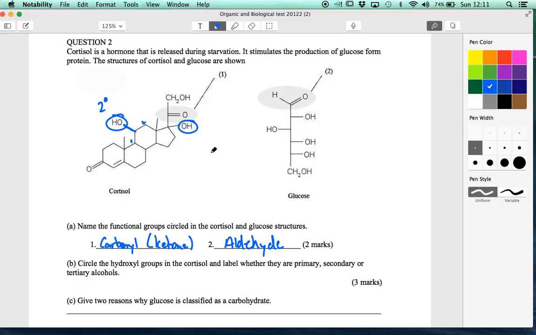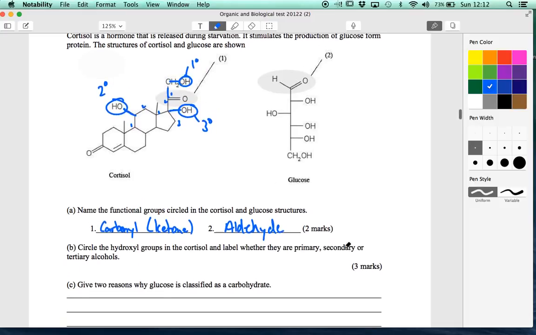This one here, my hydroxy is attached to a carbon which is attached to 1, 2, 3 other carbons, so that's a tertiary. And this alcohol group here is attached to my carbon which is only attached to 1 other carbon, so that's a primary alcohol. This was worth 3 marks, so you'd expect you'd have to mark 3 alcohols in there.